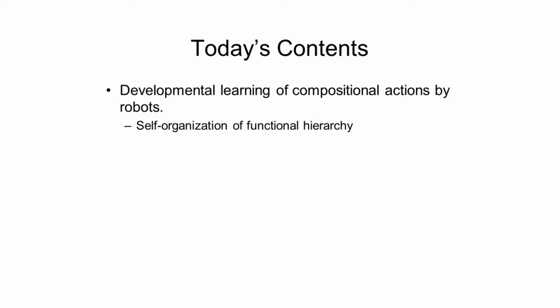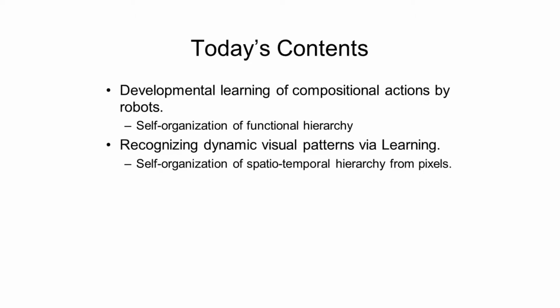First, I'm going to talk about the developmental learning of compositional action by humanoid robots, especially focusing on the problem of self-organization of functional hierarchy to achieve a compositional cognitive mind.